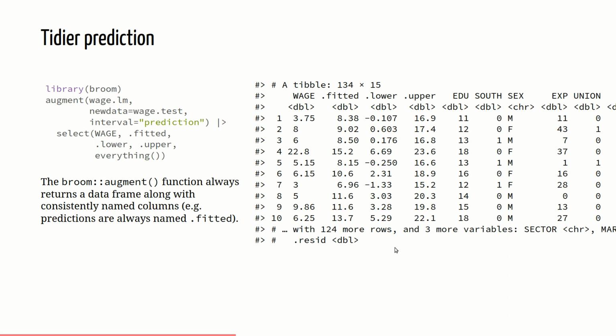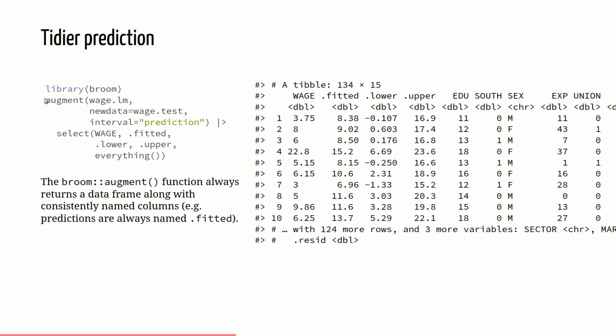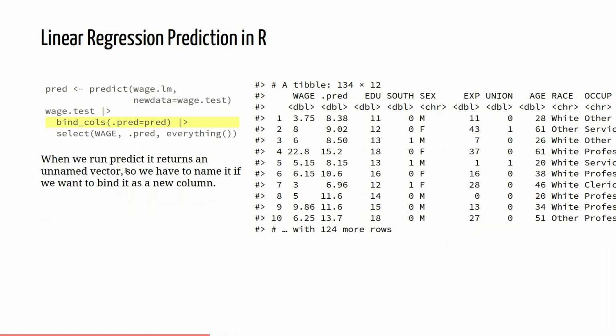Now, a tidier way to do what we've just done with the predict function is to use the augment function instead. So the broom package is part of the tidymodels framework and is a package whose primary purpose is to get disparate output from models into a consistent form. So you would have seen already we've got two disparate outputs.